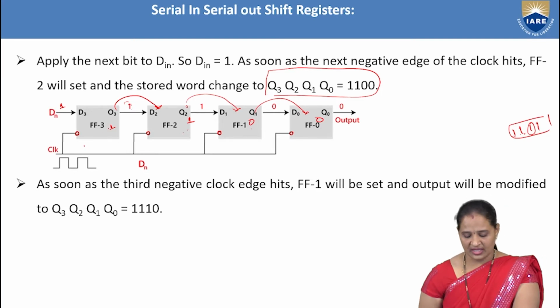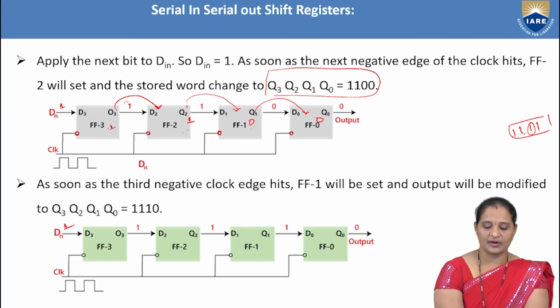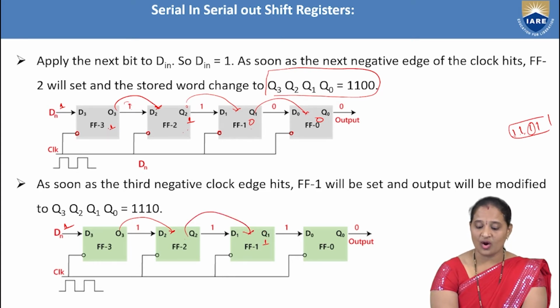So now during the next clock pulse, I want to push the next one into the register here. Now D in is 1. Already 1 is stored here, that will be pushed here. And already 1 is stored in this one, that will be again pushed here. Now the output of this one is 1, and the 1 is pushed here. Already we have 0 in this one, that is pushed here.